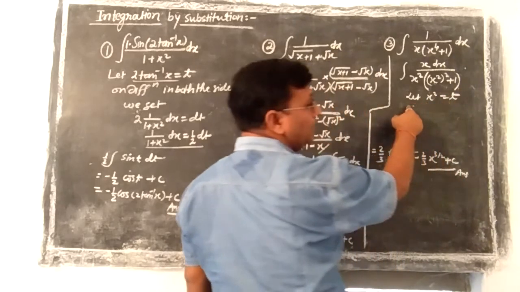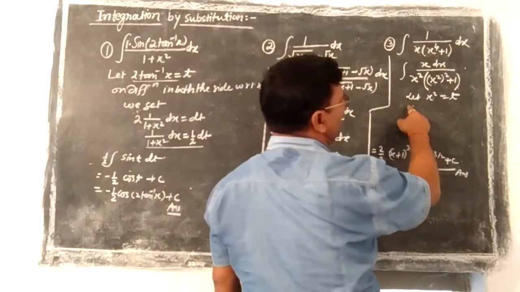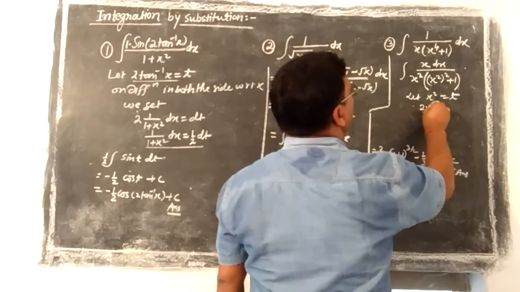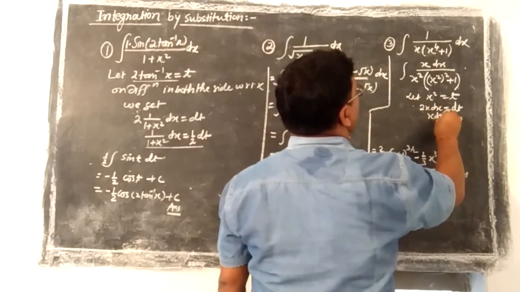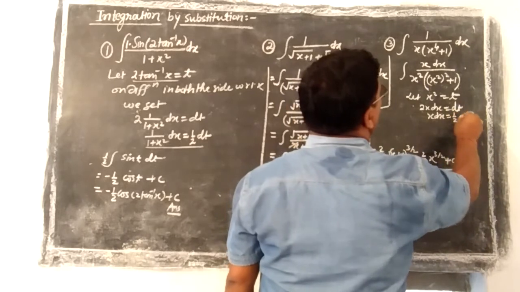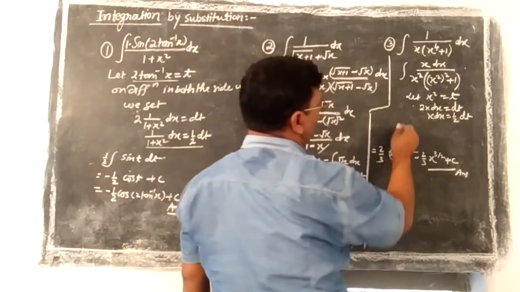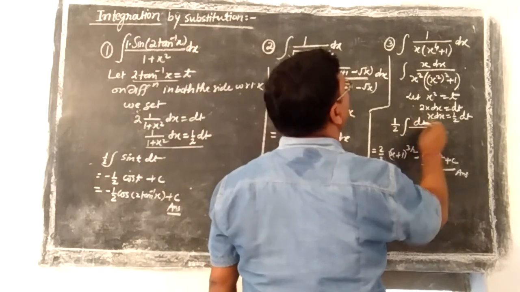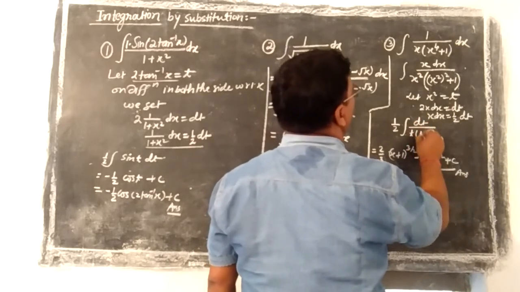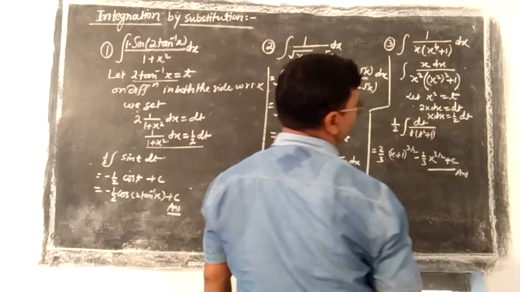On differentiating in both the sides with respect to x, we get 2x dx is equal to dt. Therefore x dx is equal to half dt. Therefore the question will be 1 upon 2 dt upon t into t square plus 1.